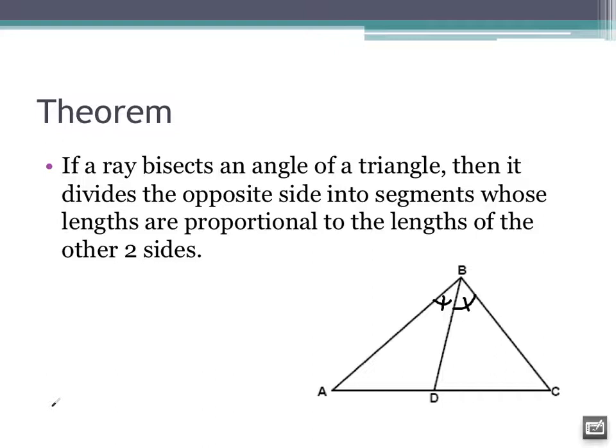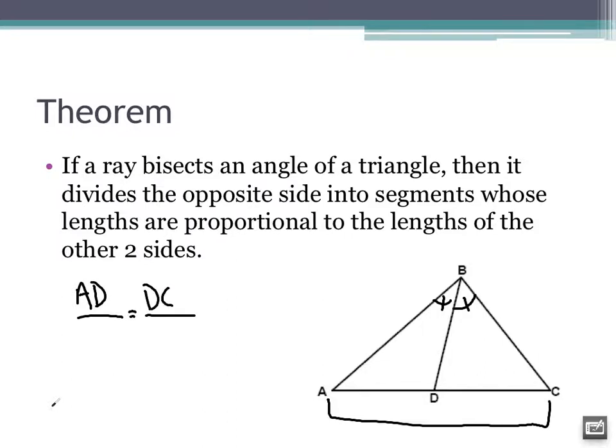It divides the opposite side. Our opposite side here is AC, into segments whose lengths are proportional to the lengths of the other 2 sides. So we're going to have a proportion. We have to use those 2 parts of AC. Those 2 parts are AD and DC.